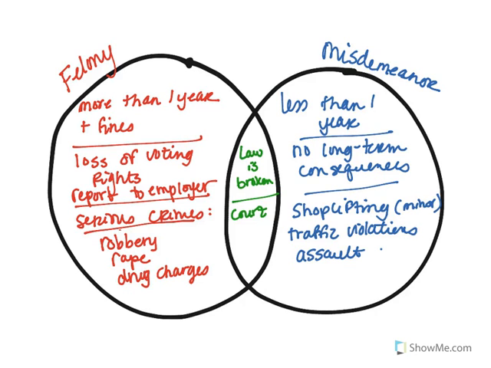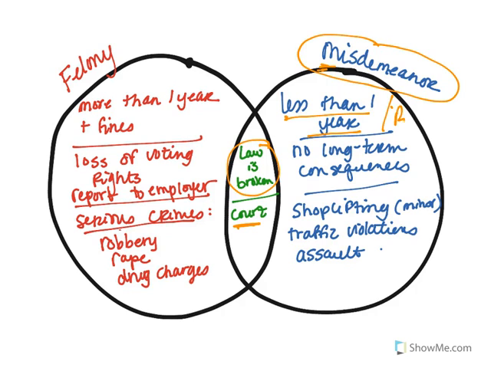Okay, so this one I pre-wrote because it's easier to keep up with my thoughts. The similarity between a misdemeanor and a felony is that in both of them a law is broken and both can be a court case. Your misdemeanors are your minor crimes, okay? That means they are punishable by less than 1 year in jail.